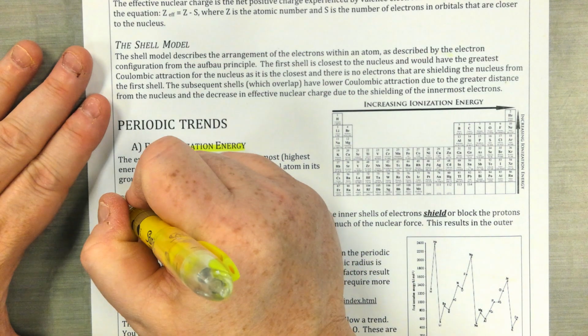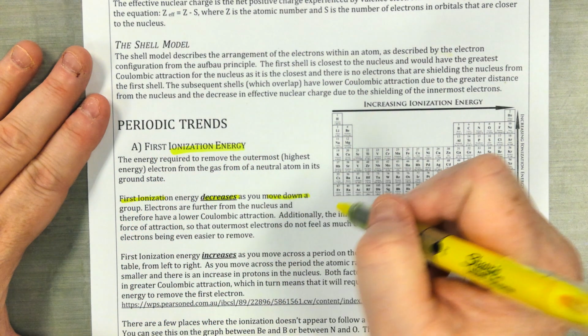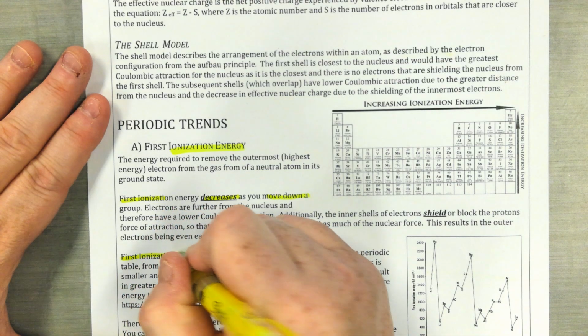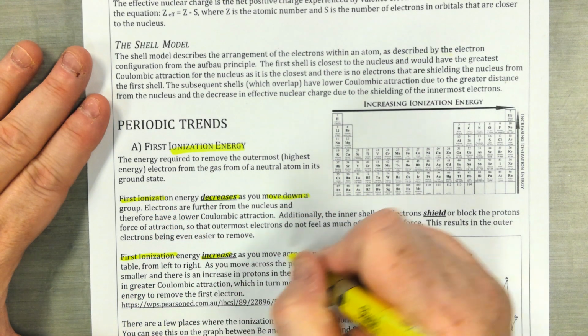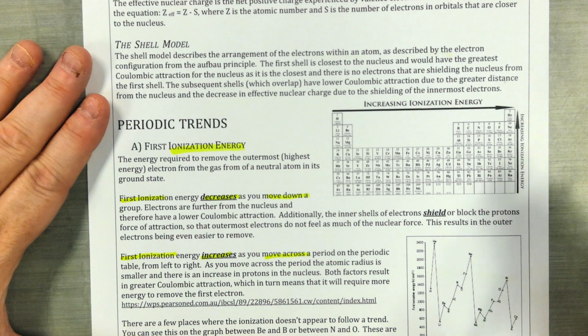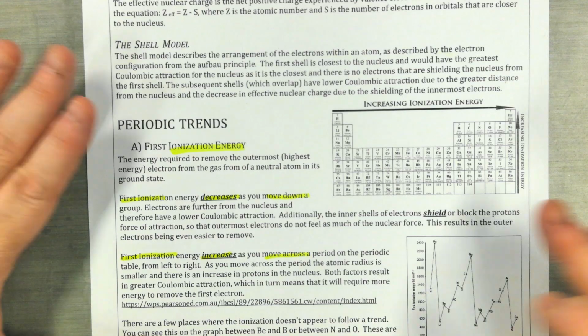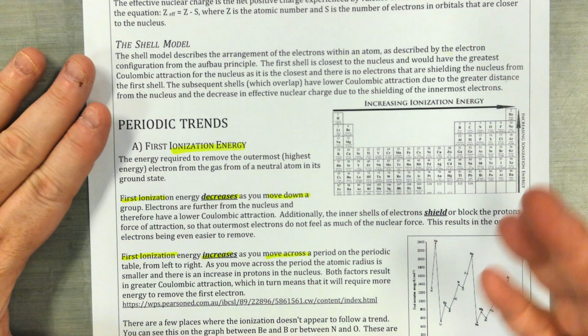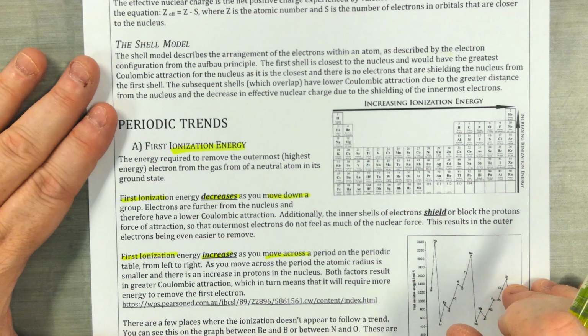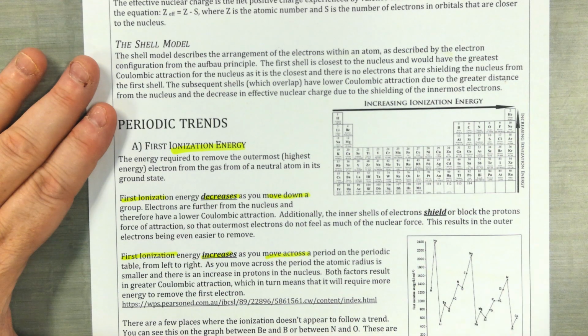So first ionization energy decreases as you move down, and first ionization energy increases as you move across. Okay. Now the arrows are pointing to where the trend increases, because we normally read left to right, top to bottom. So left to right, it increases; top to bottom, it decreases.